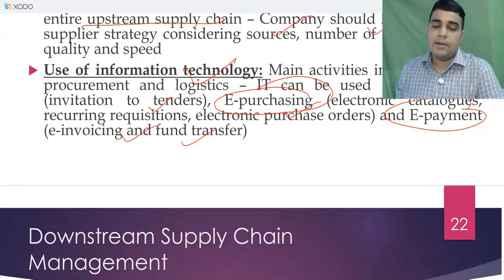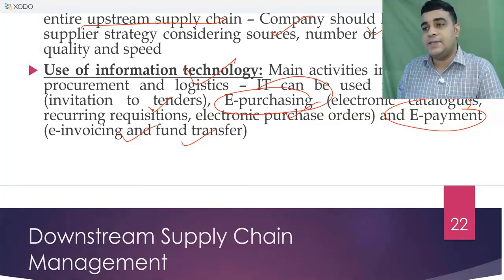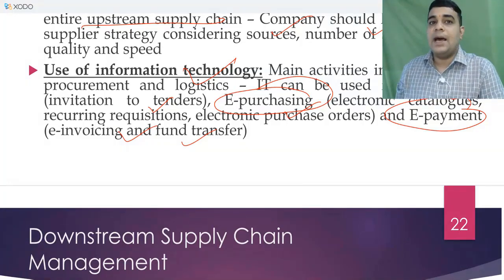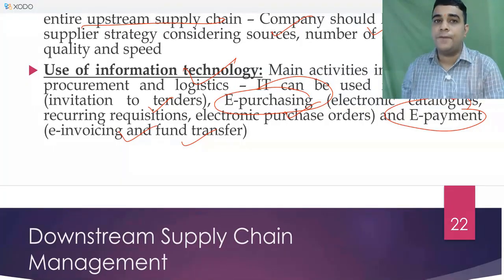So CRM or the downstream supply chain management will help an organization in analyzing the customer characteristics and customer profitability. Based on that, you can decide whether you want to retain the customer, or do an extension of the customer. What is extension? You will learn later. And sometimes you may even move out of a customer.